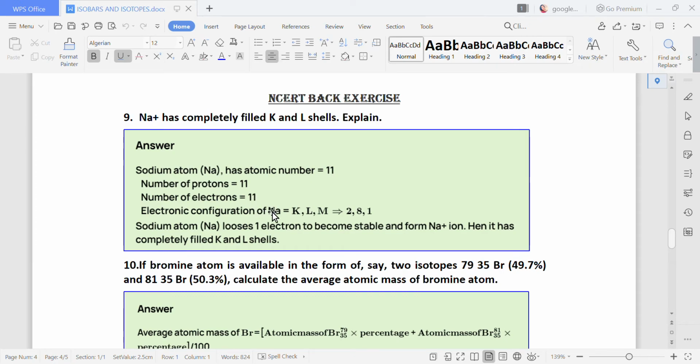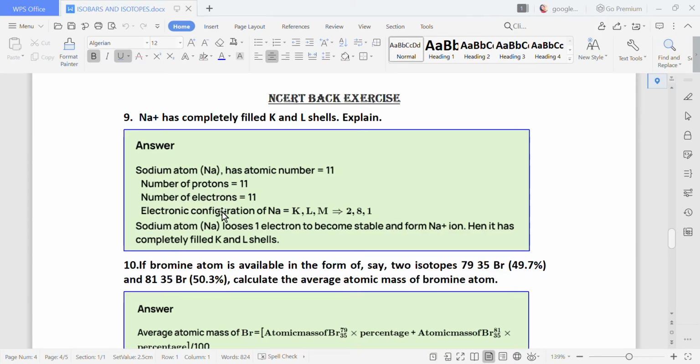As I told you earlier, if you know the value of any one of these three, the other two can be easily predicted, right? Because we know that the atomic number of sodium is 11, we also know that the number of protons and number of electrons are also 11. Now, let us write down the electronic configuration of sodium.